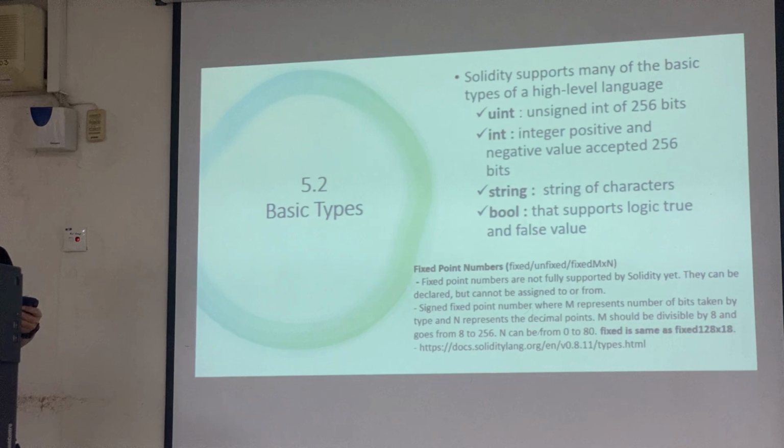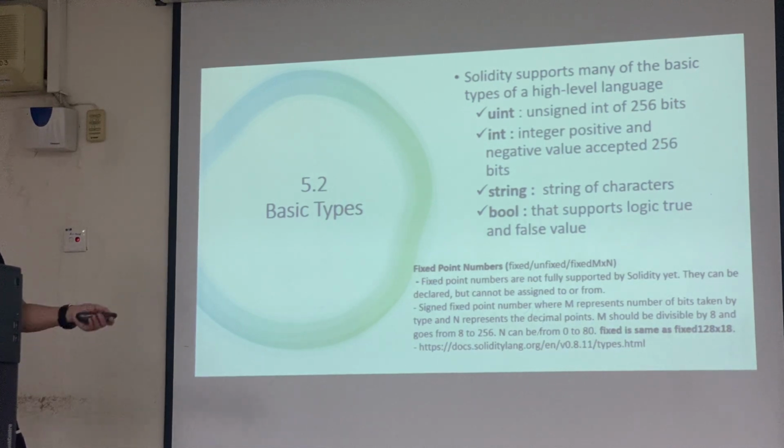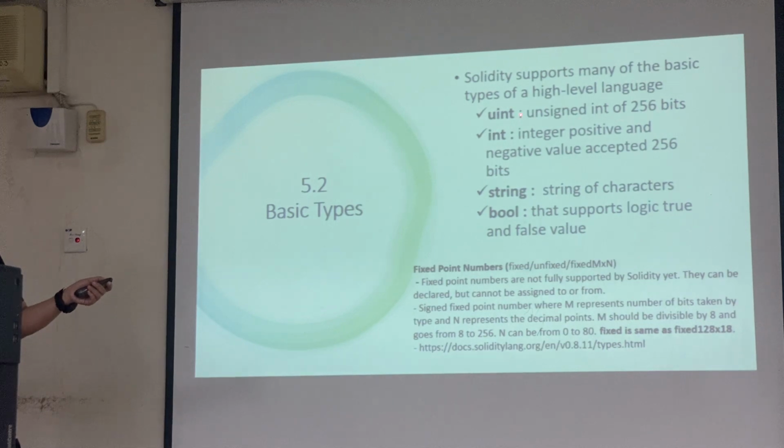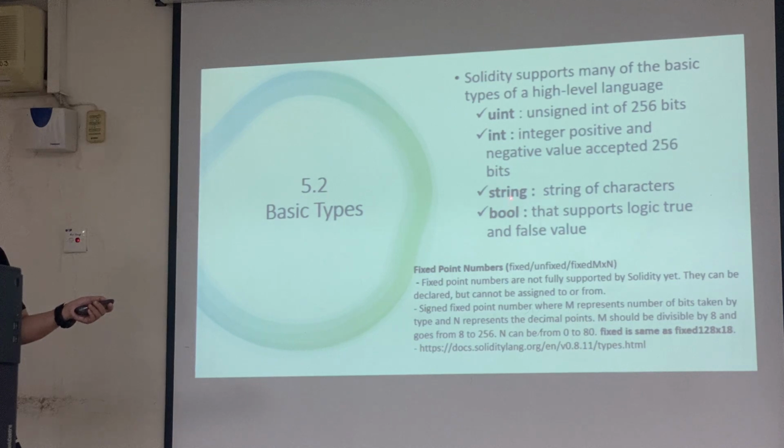Divided by 8 bits is 32 bytes. 128 divided by 8 is 16 bytes. So this is the default already. If you don't want the size to be so big, instead of 256 bit, you can adjust it. You can define unsigned integer A, unsigned integer 128. You can mention the bits that you want to have. Then we have string and boolean.